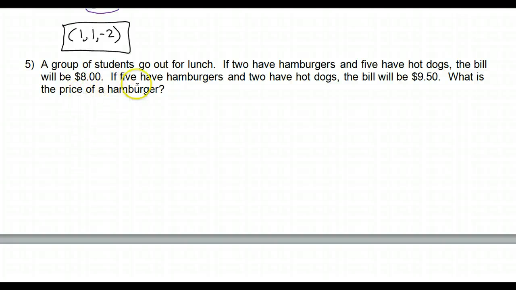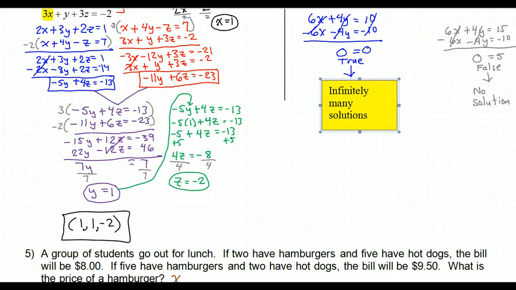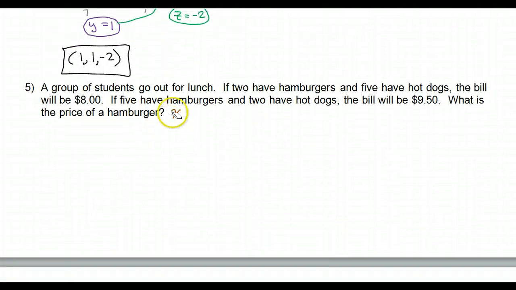What is the price of a hamburger? So the variables will be prices. Let's go ahead and do hamburger and hot dog. I'm just going to go ahead and use H and D for hamburger and hot dog. Okay, so I'm going to let H equal, and it says what is the price? So be specific.